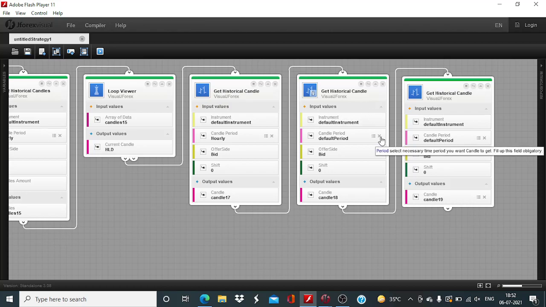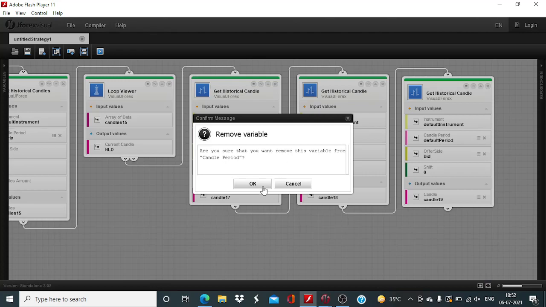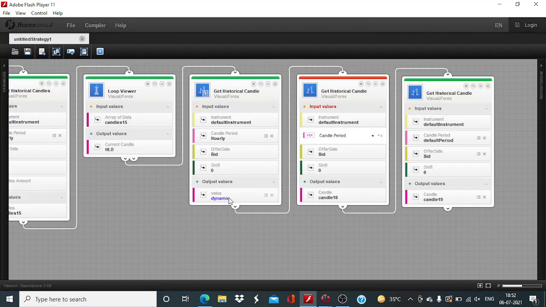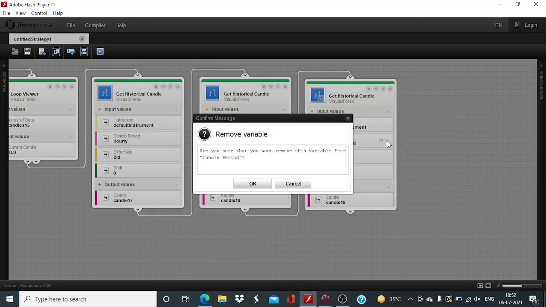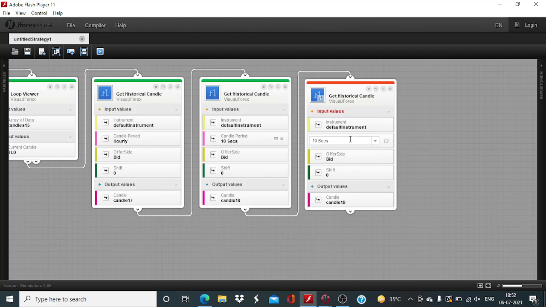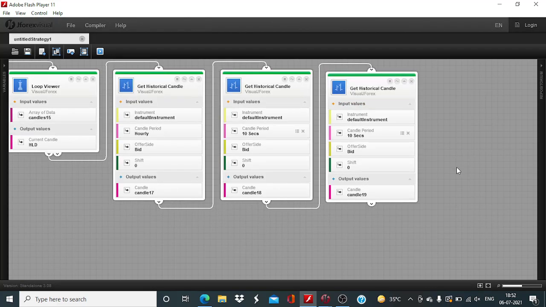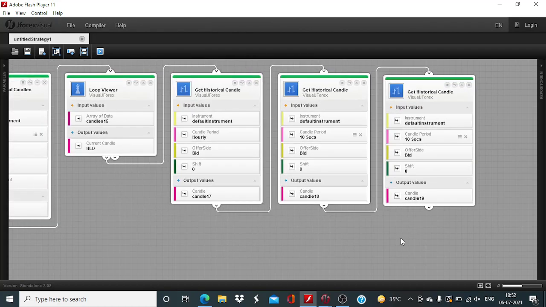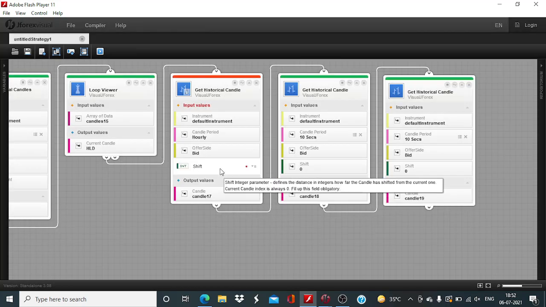We will also want to make sure that the closing for the last hourly candle is higher than its opening value. This is going to have the shift value of 1.